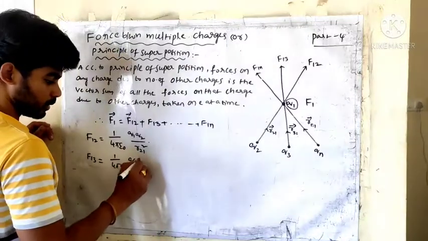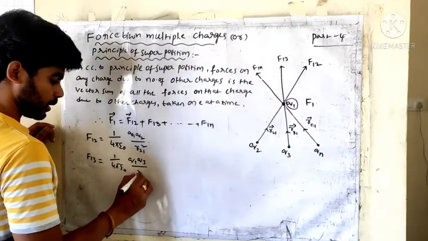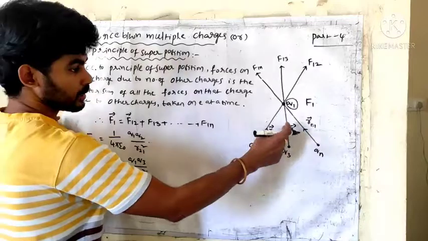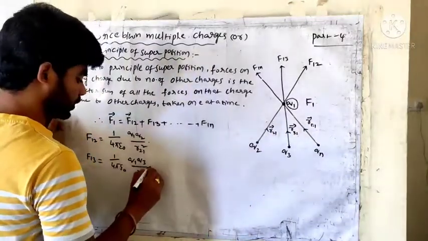So q1 q3 by r31 square. The distance is r31 only, so r31 square.